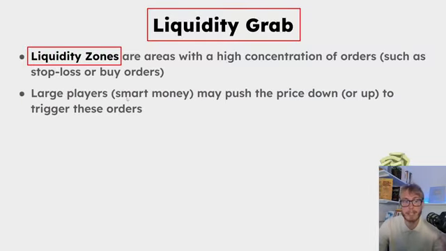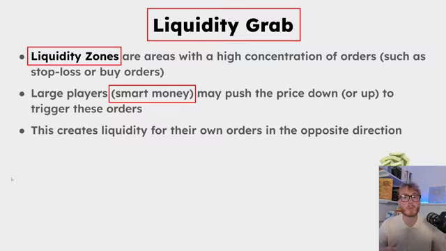And the theory here is that large players, aka smart money, often try to push the price down or up to trigger these orders. And when these orders get triggered, this will create liquidity for the smart money. So for example, let's say that we have a very clear support level right here.